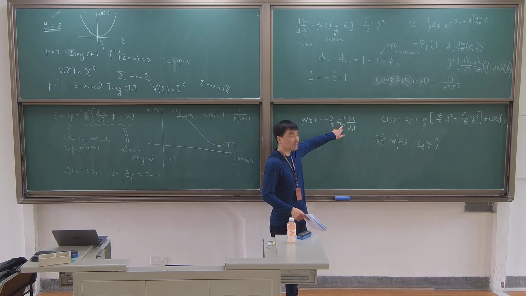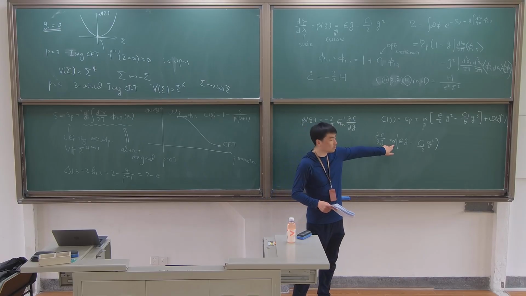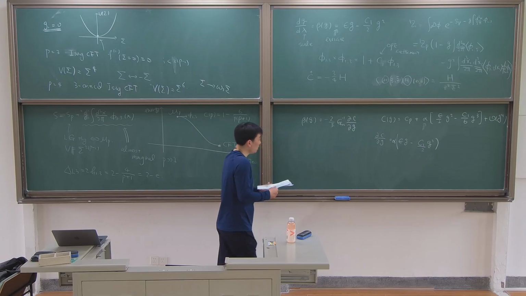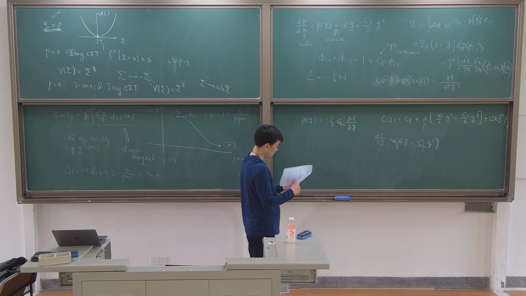I didn't include the Zamolodchikov metric, and because we don't know it, you need to include this unknown constant alpha.